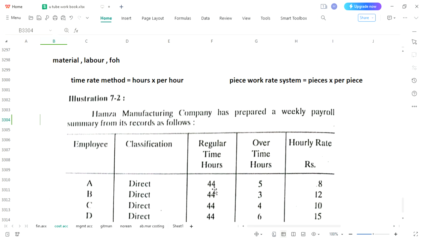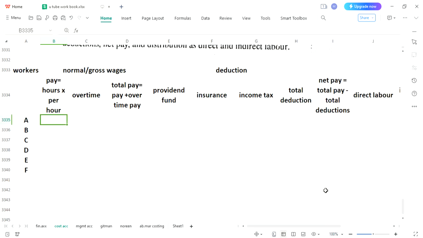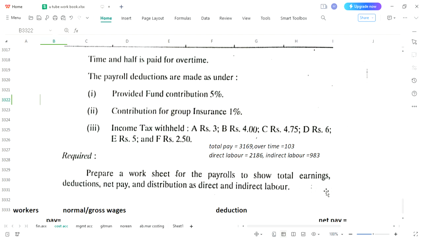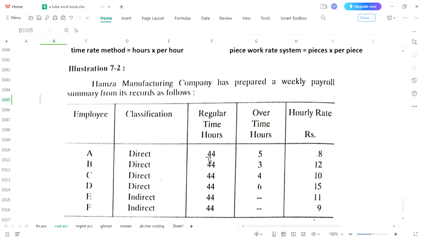These are hours worked, and for per hour we have 8. Please focus here: 44 hours have been worked and the per hour rate is 8. In this way our first payment has arrived.